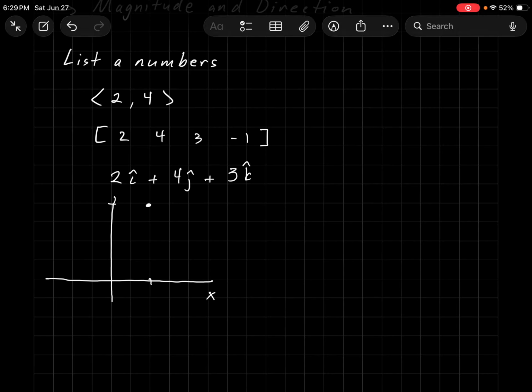The vector is the arrow that points from the origin to that point. So the point is 2, 4. And then the vector is the arrow from the origin to the point.